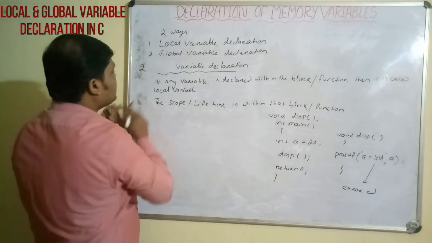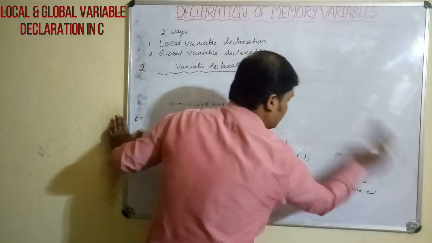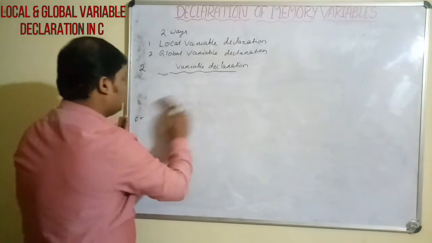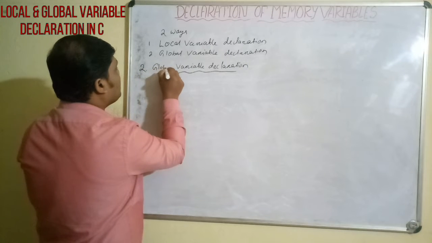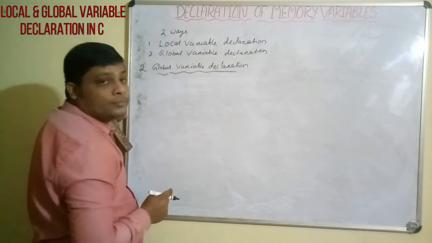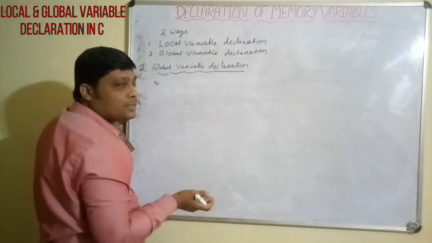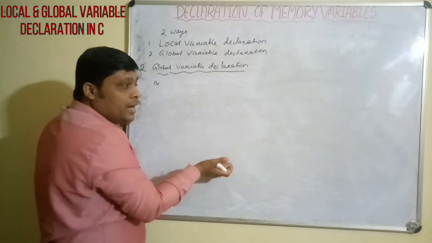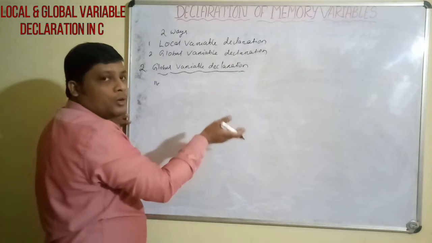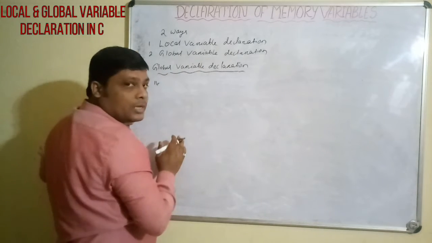Second point is global variable declaration. What is global variable declaration? If I am declaring any variables outside all blocks or outside all functions, clear? Then that is called global variable declaration.